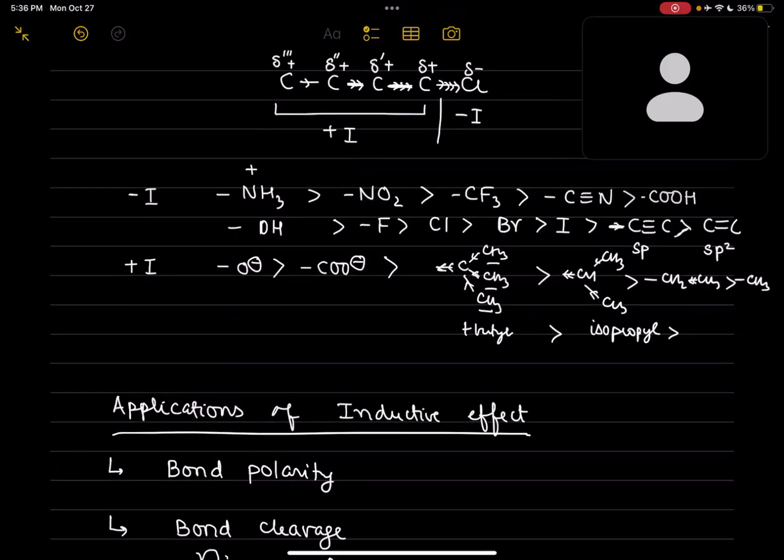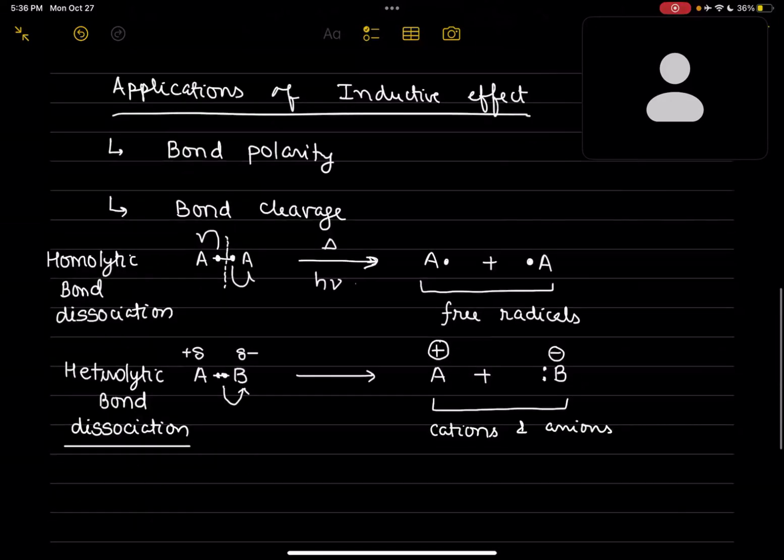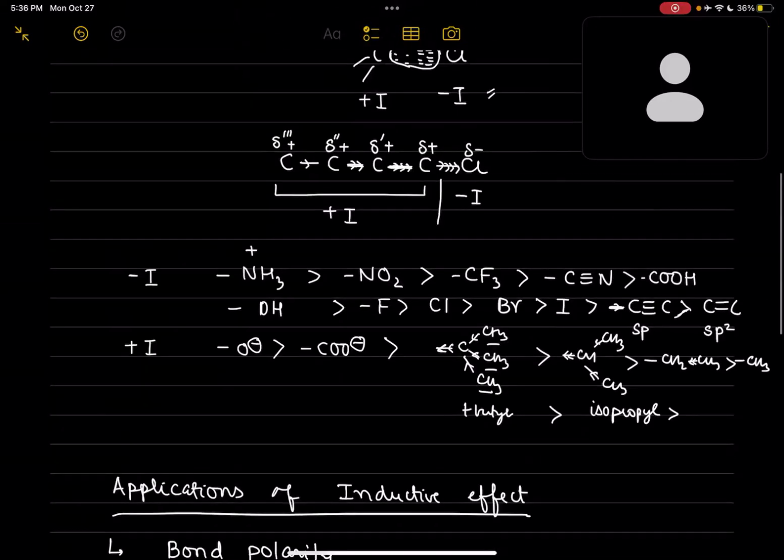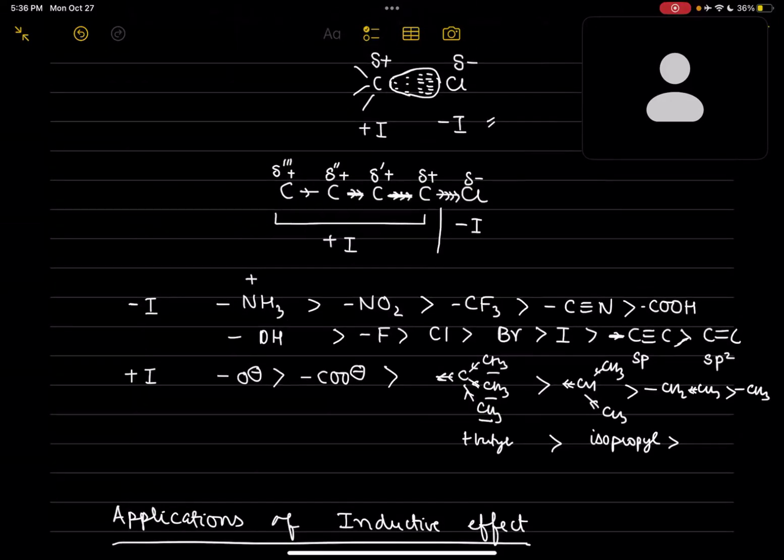So this we have seen, and how they affect. Mostly the electronegative elements like chlorine, bromine, iodine, oxygen exert minus I effect. Clear?